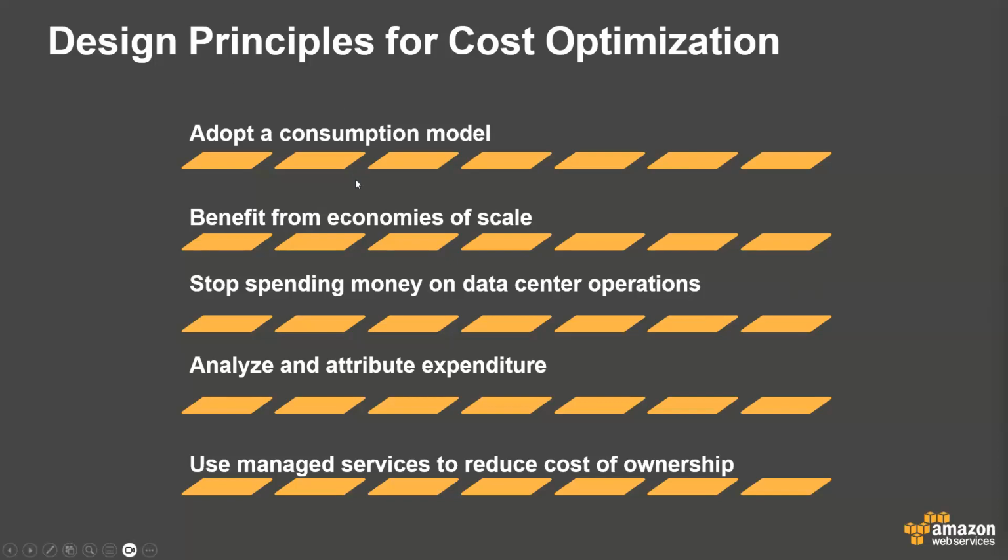So the design principles here are adopt a consumption model, benefit from economy of scale, stop spending money on data center operations, analyze and attribute expenditure, and then use managed services to reduce cost of ownership. One key thing that you need to understand is a lot of managed services are cheaper compared to services that require some sort of end user management.